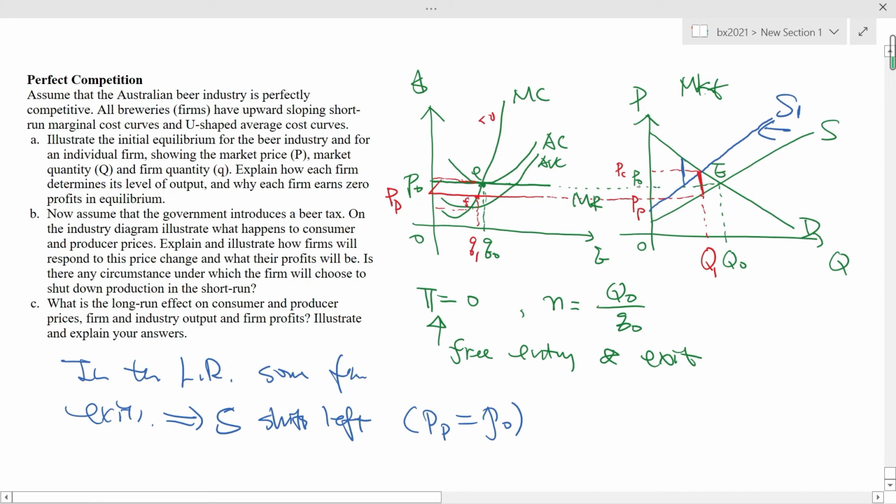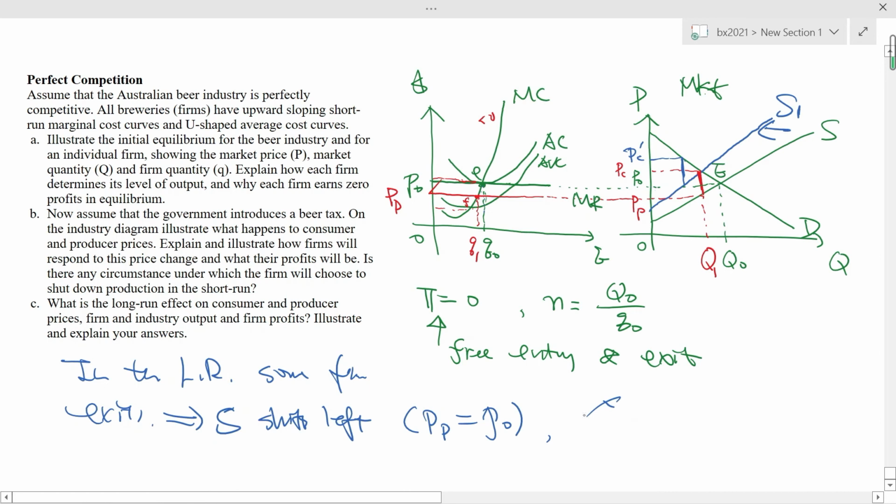So this P0 is the new producer price, and P prime C, the new consumer price, is higher than before. And now, given that producers receive the P0 price, firms will increase their output from q1 back to q0.